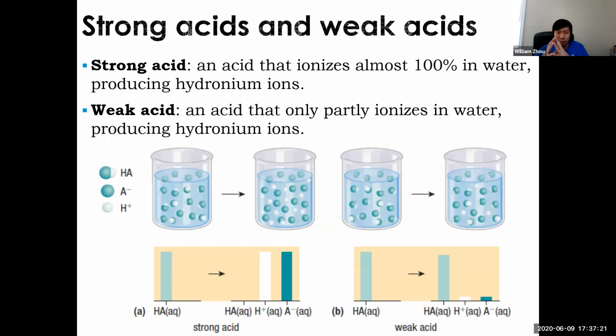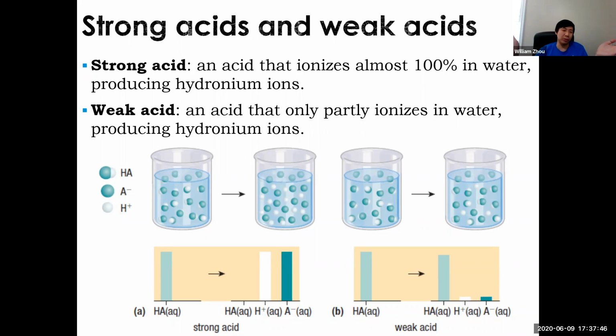You may have heard the words strong acid and strong base, weak acid and weak base used a lot by chemists. You have to know what they mean. A strong acid is an acid that ionizes 100% in water. Every single acid released a hydrogen and produced hydronium ions.